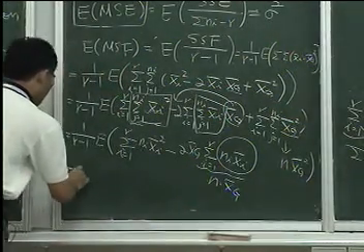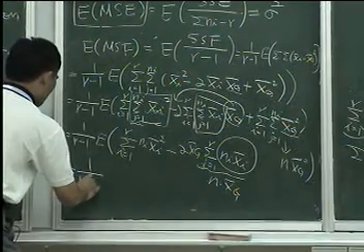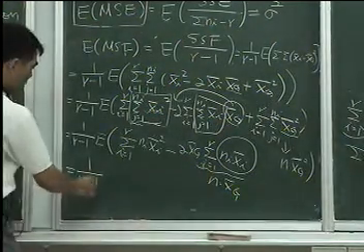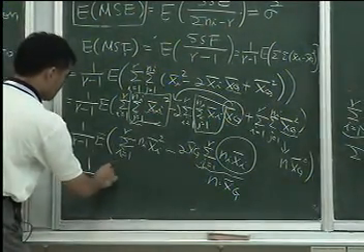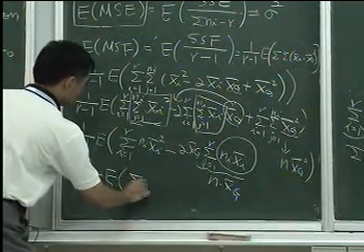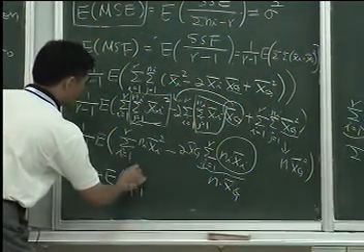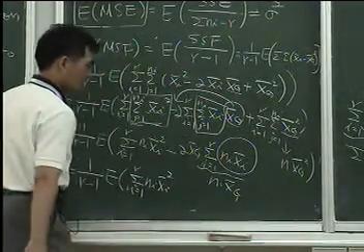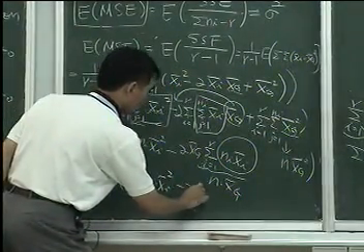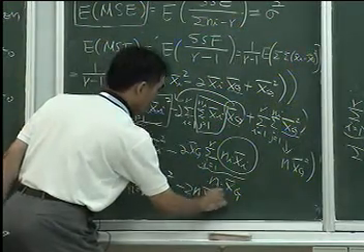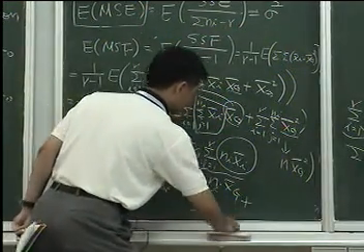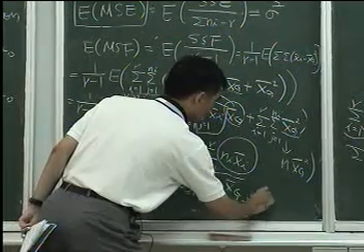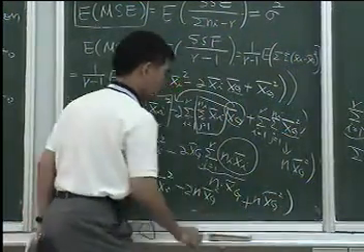So then the whole thing should be equal to 1 over r minus 1 expectation summation i from 1 to r n_i x bar i squared minus 2n x bar g squared plus n x bar g squared. Okay?